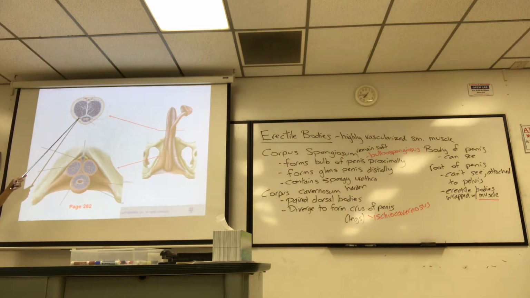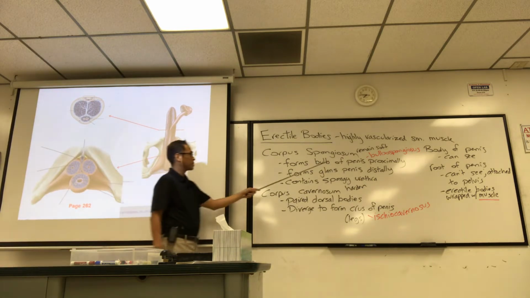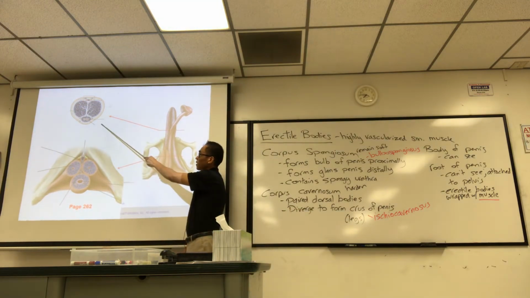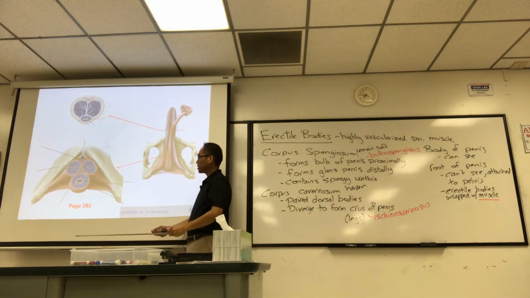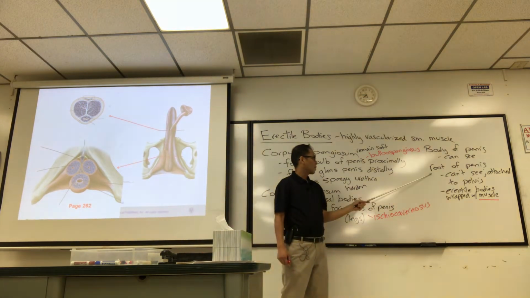Ischiocavernosus, bulbospongiosus. What do you think? Yes or no? Can you see this muscle and this muscle here? The answer is no, because, as I just said, they're at the root, not the body.